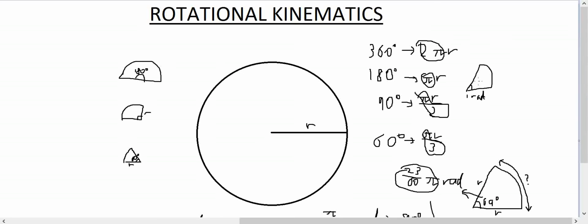So 1 radian corresponds to about 57.3 degrees. And in rotational kinematics, all the angles are expressed in radians, so that when you do conversions between angles and lengths and vice versa, it is easier. Okay.